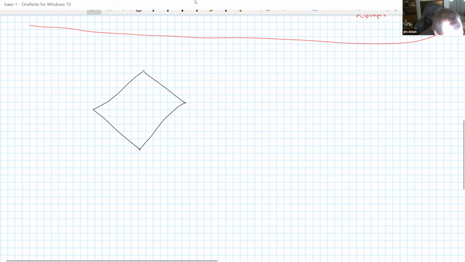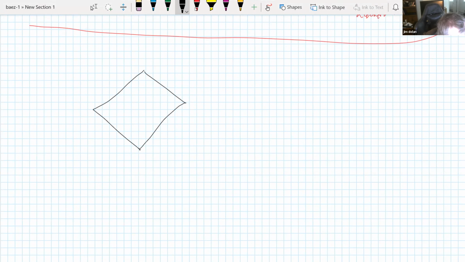I have the tendency to use colors to show how things work.